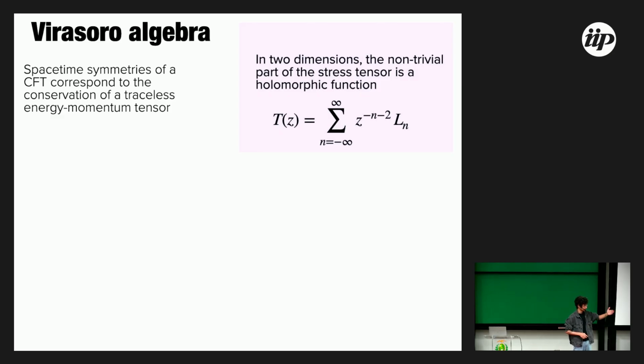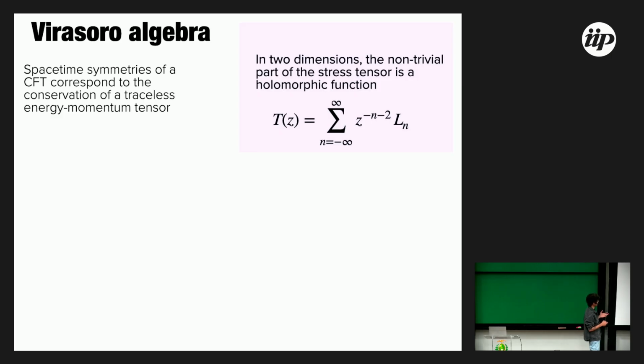Energy is the charge conserved by translation in time, and momentum by translation in space. And the combination of that is what we call the energy momentum tensor. In 2 dimensions, in a CFT, the non-trivial part of the energy momentum, or the stress tensor, is a holomorphic function. The tensor itself is traceless. And the non-trivial component is a holomorphic function.